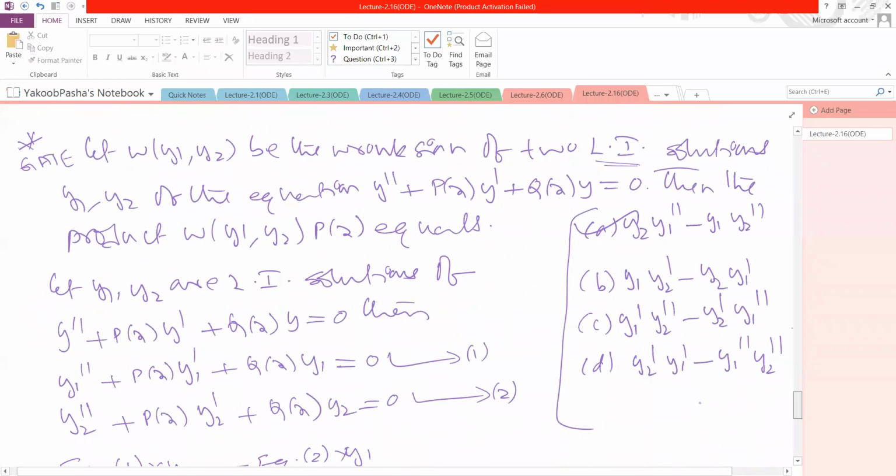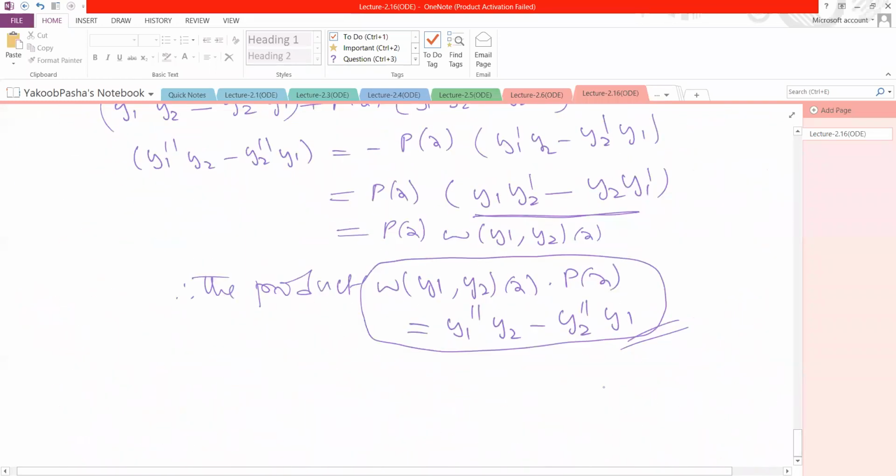Okay, one more thing we can remember here. From this we can write Wronskian of y1 comma y2 of x into P of x is equal to, I am writing the same formula, y1 double dash y2 minus y2 double dash y1. From this we can write the P of x value.